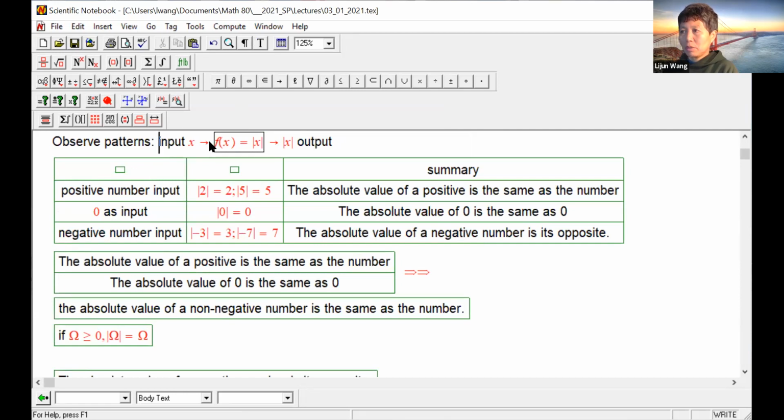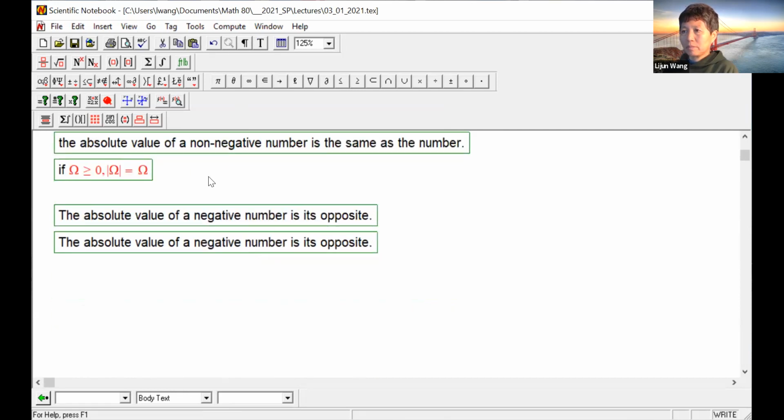I'm going to put it here just to enhance understanding. If the input is positive or 0, the input is greater than or equal to 0. You can use any symbol, but we're using omega, so we'll consistently use omega. And the output is going to be the same as the input. That's what we're saying.